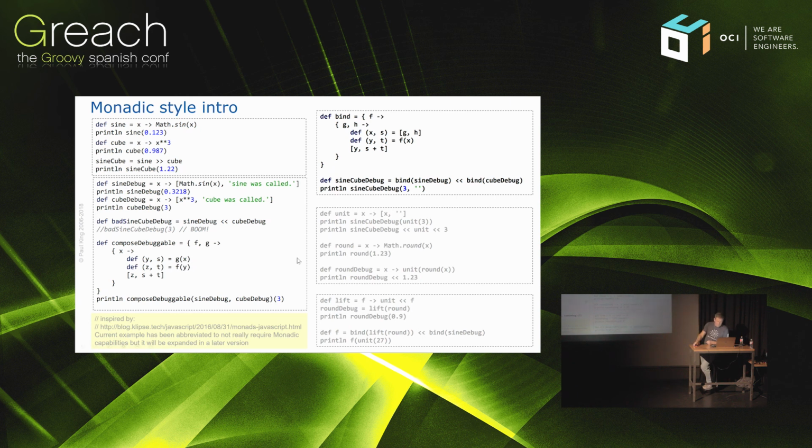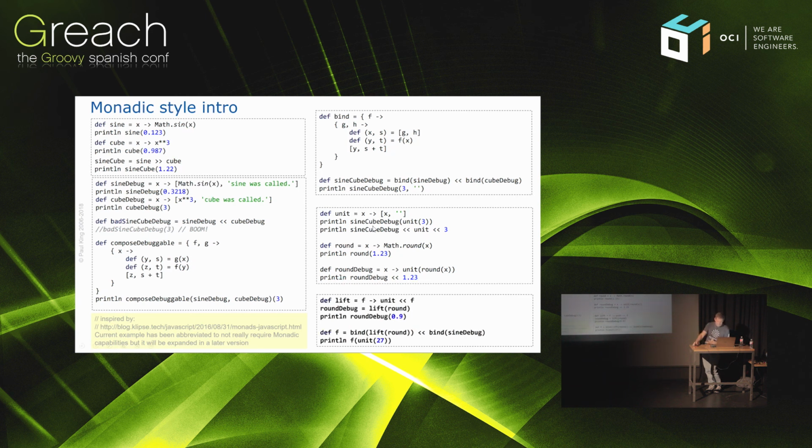Then I can say, well, that's all good, but it's a bit ugly at the ends of this thing because I'm expecting to pass in a number, and I actually have to pass now in a number and a string to kick this thing off. So I can define a unit function that lets me poke things in at the end. That's all well and good. Then I still don't like having to operate with the two things, so I can create a lift method.